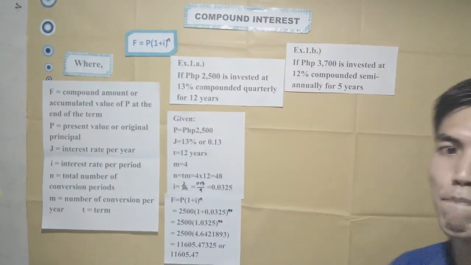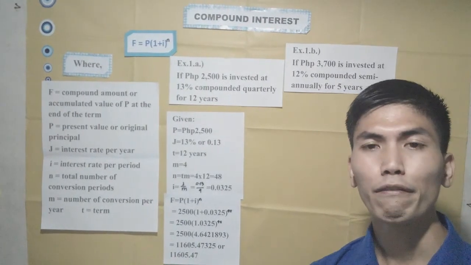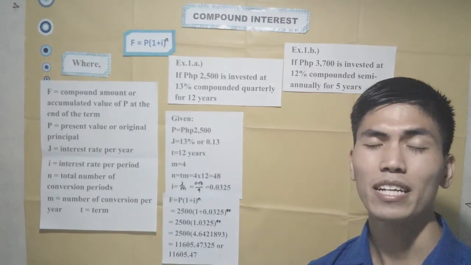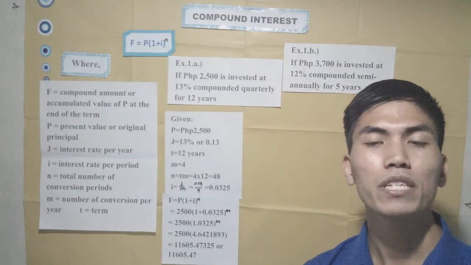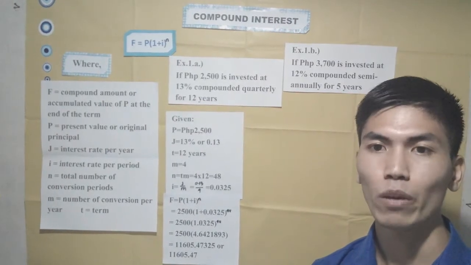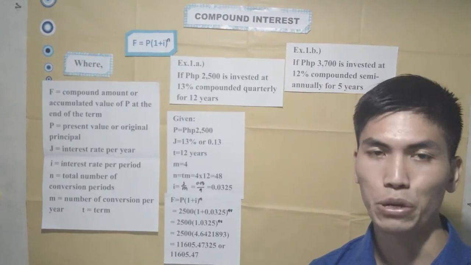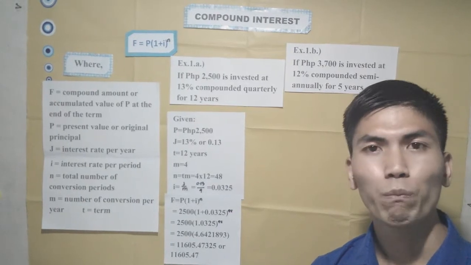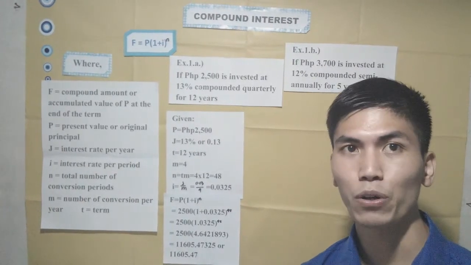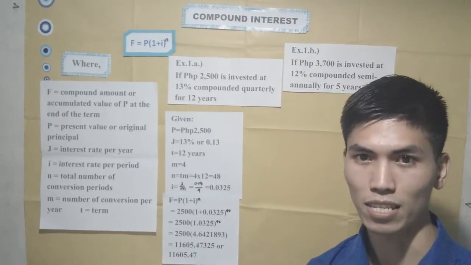Another example. Example 1b. If 3,700 is invested at 12% compounded semi-annually for 5 years, we will compute the compound value or compound amount and the interest.